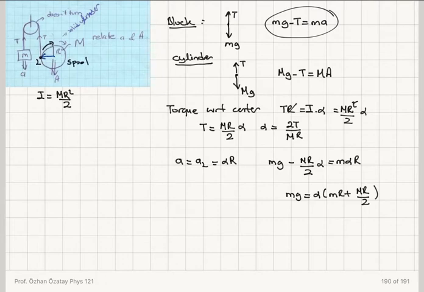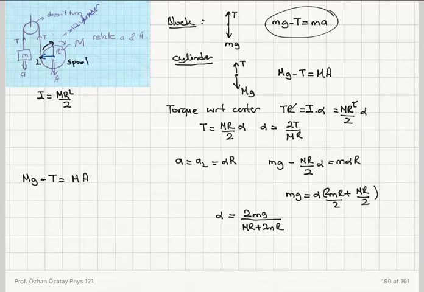So mg is equal to alpha times (mR plus capital M R over 2). Okay, so let's write this in a better way. This is 2mg divided by (capital M R plus 2mR). That's the angular acceleration.